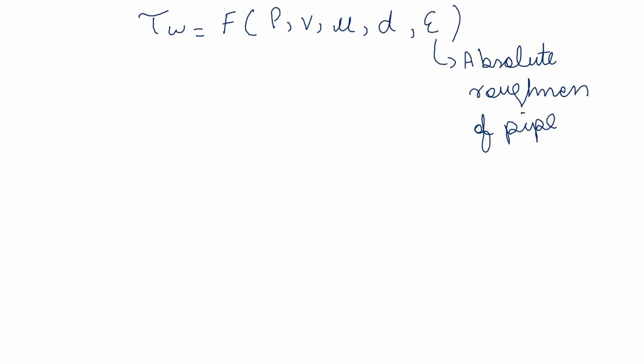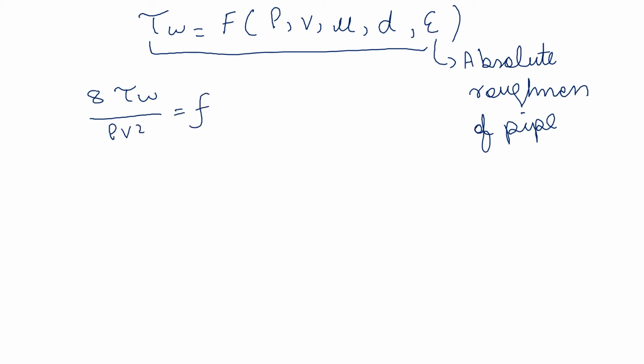To solve this with the help of dimensional analysis, we will get this term, 8 tau W over rho V square, which is equal to f, the friction factor, and this is also a function of Reynolds number and the roughness of the pipe.